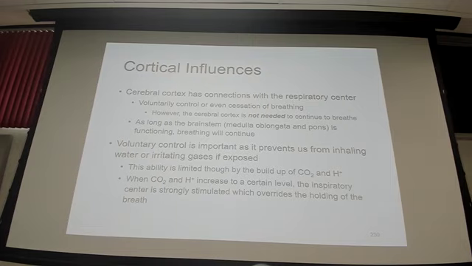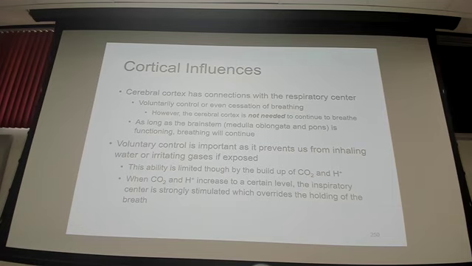So, as you know, you can control your own breathing. You can take a deep breath in, you can blow more air out, you can breathe faster if you want, right? Cortical influence, what does that mean? The cerebral cortex, higher brain function. You can override this stuff to a certain point, okay? Voluntary control does help us hold our breath, right?